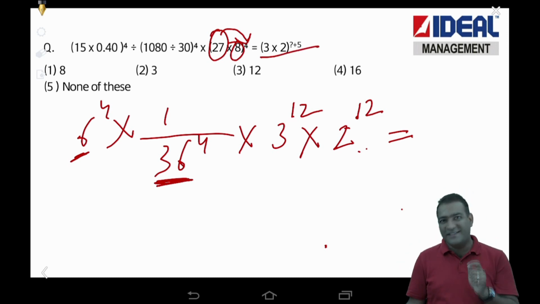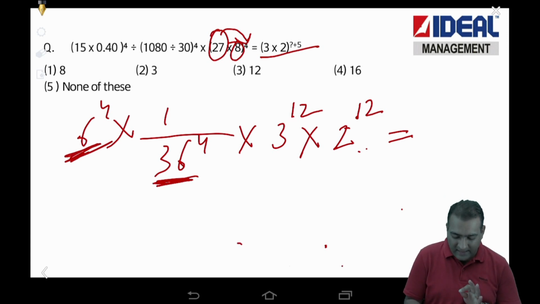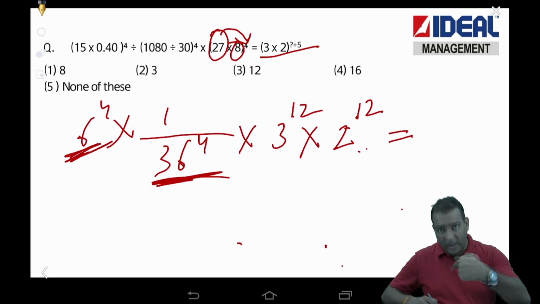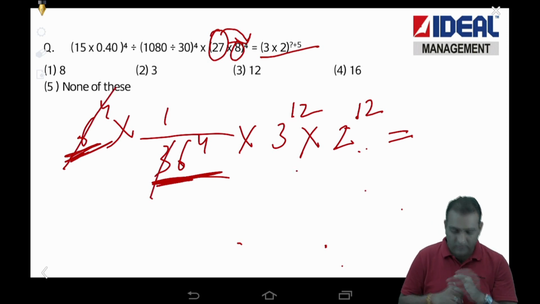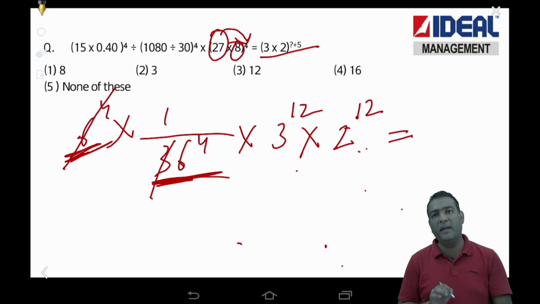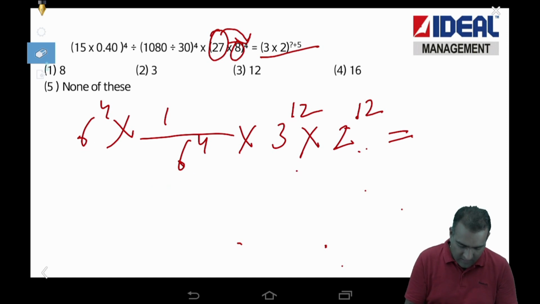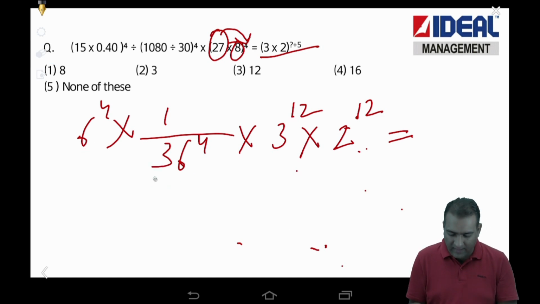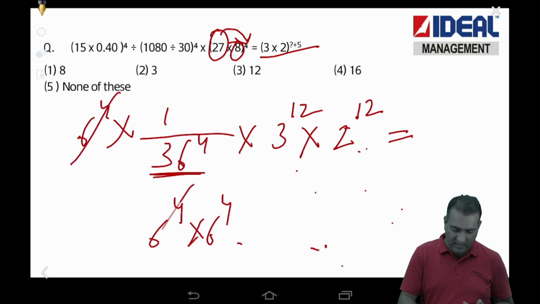Now again, it's a very, very good thing now. 6 6s are 36. So as of now I'll write it, but in exam this is what you can do. 6 to the power 4 will remain. Why? Let's understand this. We need to save as much time as possible in exam. Can I write this number as, because 6 into 6, this and this will get cancelled out.